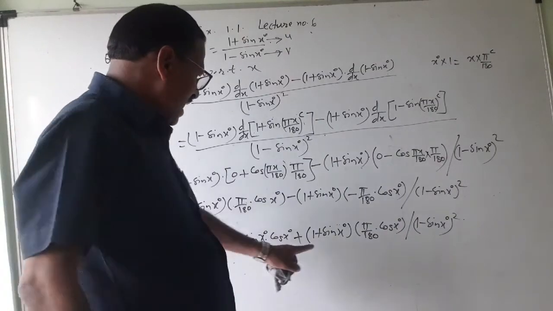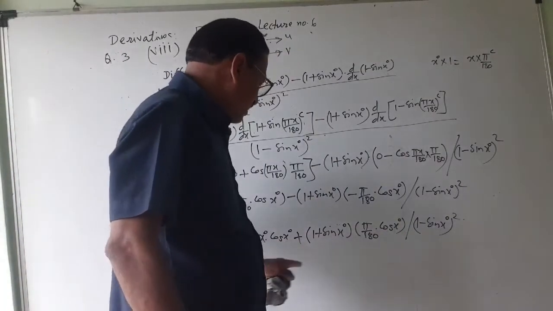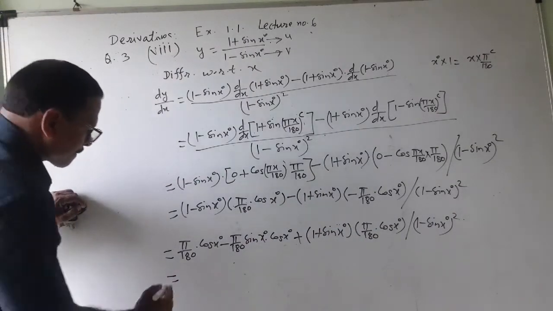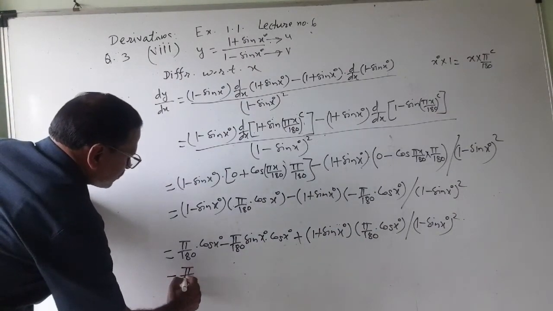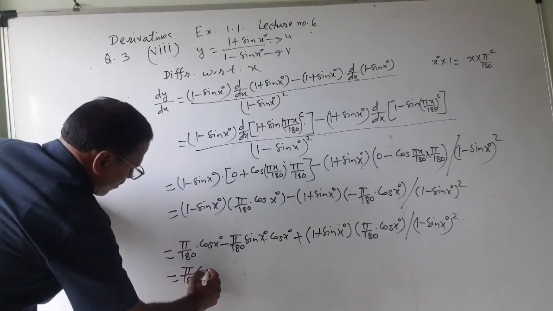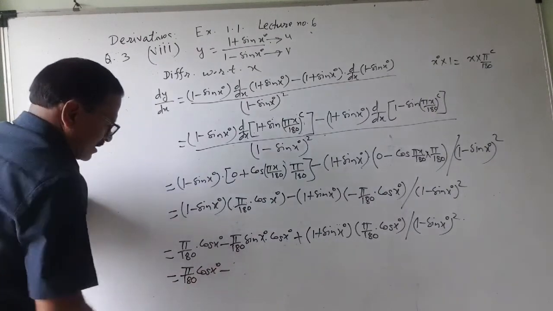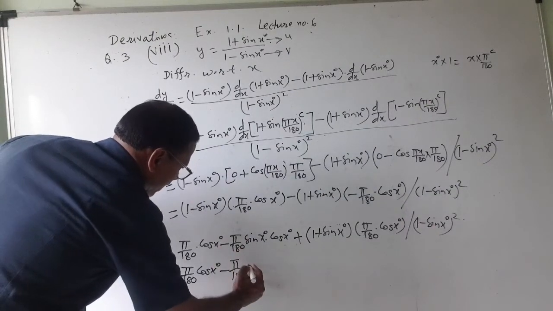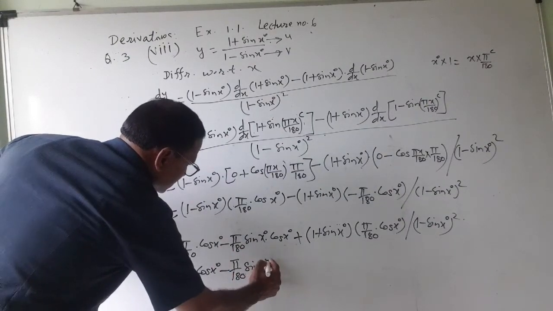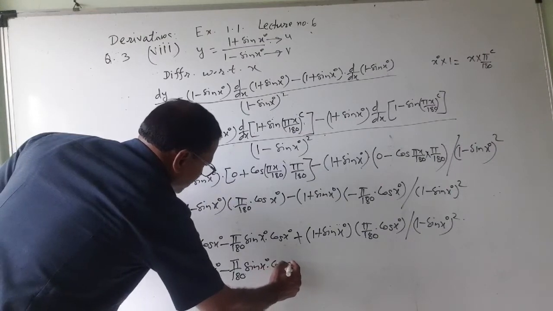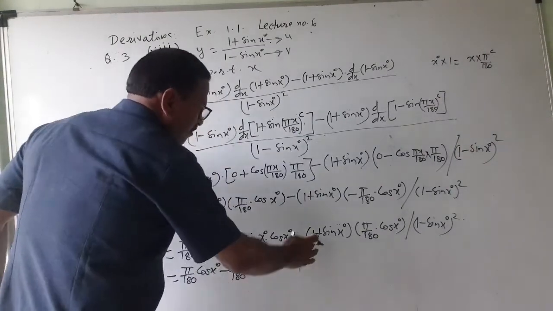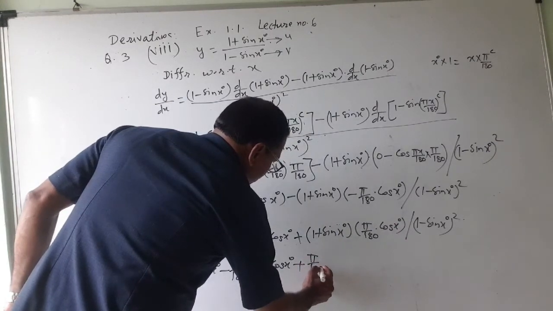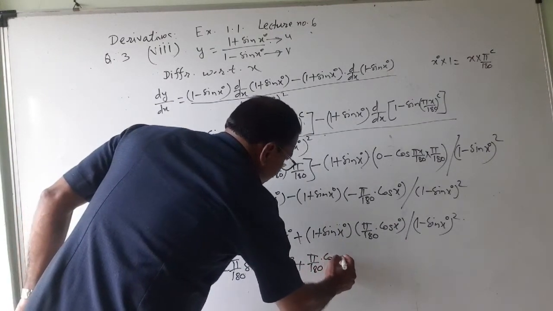Now as I am going to multiply this, one term will get cancelled. So this is equal to pi by 180 cos of x degree minus pi by 180. If you take directly common, then also it will be very nice, cos of x degree plus by this one to this pi by 180 into cos of x degree.